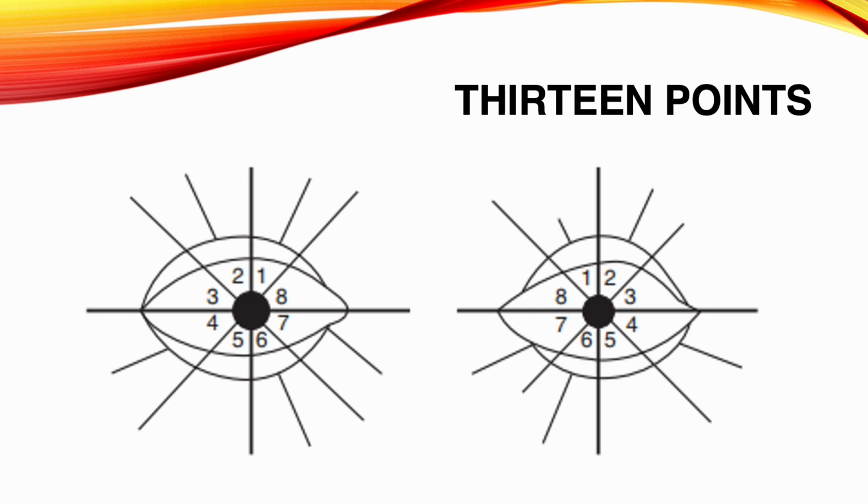The eye microsystem condenses the whole body's 361 points into 13 points, distributed around the orbital margin, about 1 centimeter from the edge of the orbit, each with specific functions. The points are named according to the Zangfu they represent. Each point treats disease within the representative Zangfu and Jingluo.